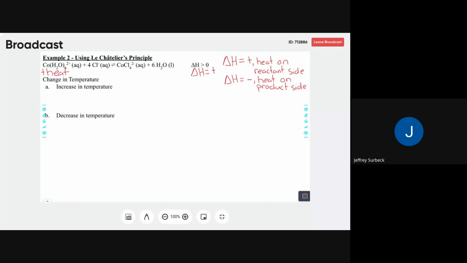So we increase temperature, right? It's like increasing our concentration. It's originally on the left, so it shifts opposite. We would say shifts right. It's got to relieve that heat that's added. Then we take it away. We lower the temperature, so it shifts to the same side that heat's on. So it's going to shift to our left.